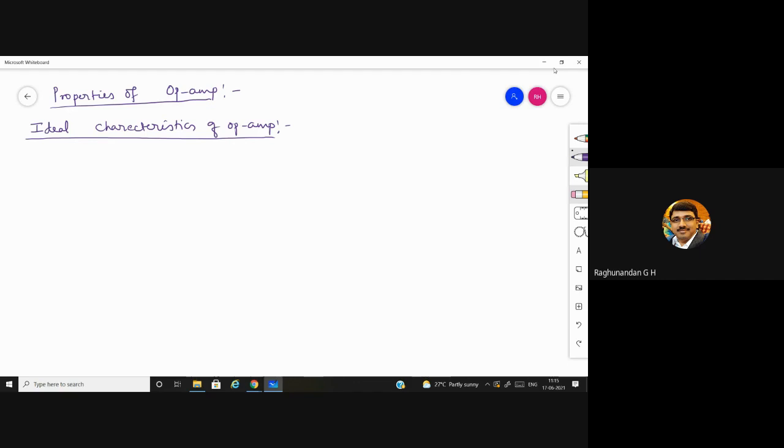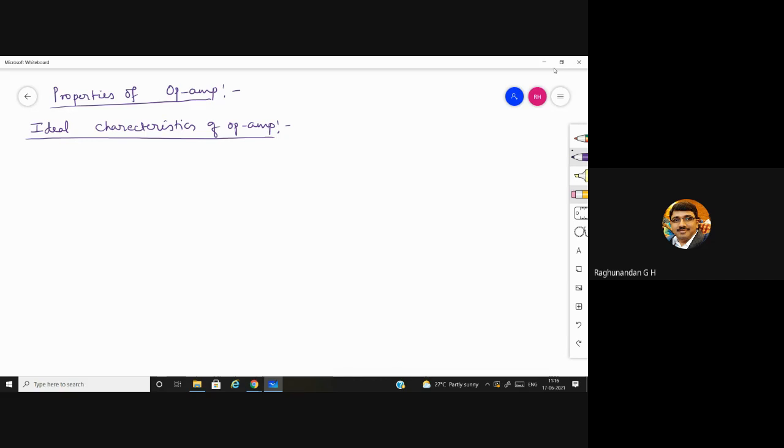In that data sheet these characteristics will be mentioned, and they tell how much resistance it is going to offer at the input terminal and how much resistance at the output terminal. All those things will be discussed in that data sheet. So based on that data sheet only, you can choose whether that particular op amp is suitable for your requirement or not.